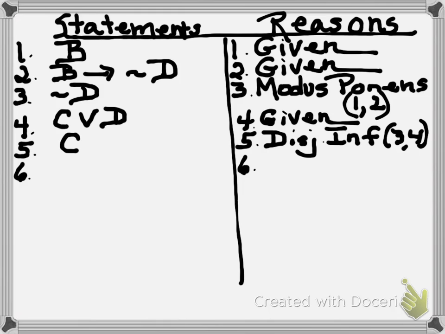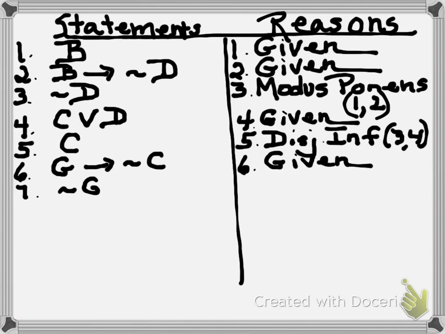So I need to bring in G implies not C. So the negation of the conclusion means the negation of the hypothesis is true, which is not G by modus tollens.